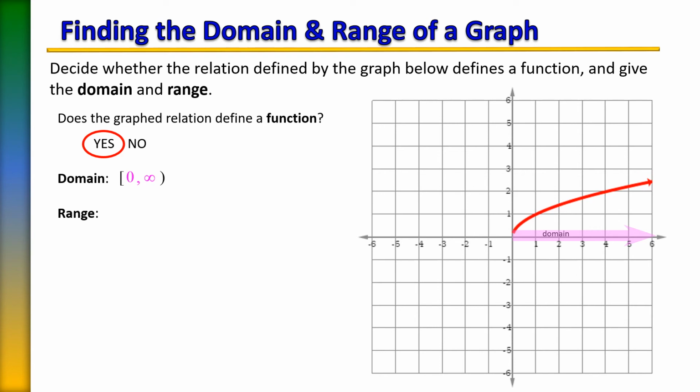It still is moving up to infinity. It still includes all your positive values because it has that arrow on the end. And up is all your positive, so it's going to include that. So it's also going to be the same as the domain, from 0 all the way to positive infinity.